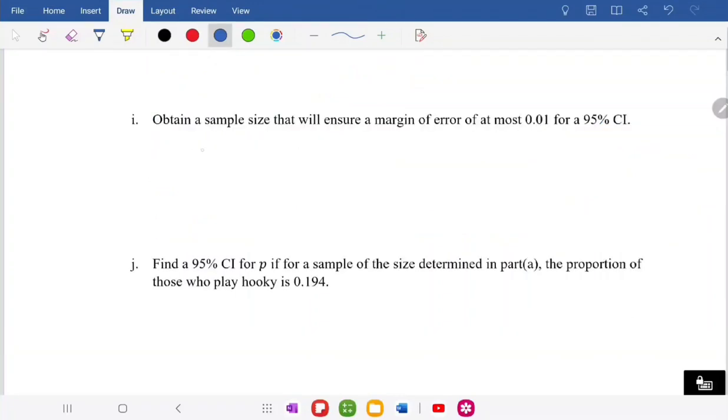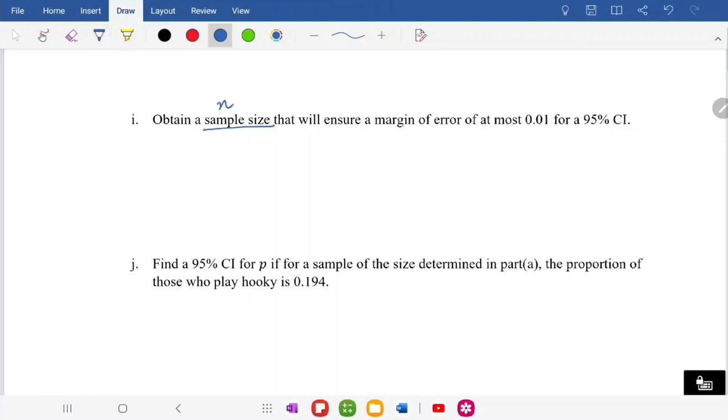Now, the next part of the question says, obtain a sample size that will ensure a margin of error of at most 0.01 for a 95% confidence interval. Now, they're asking us to find n, which is the sample size, right?